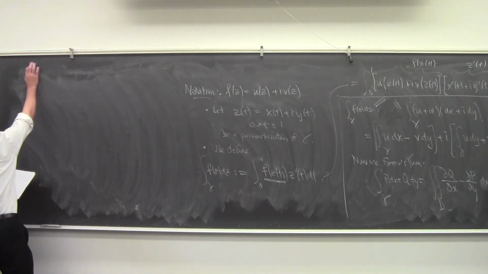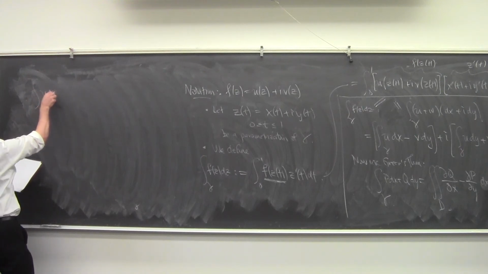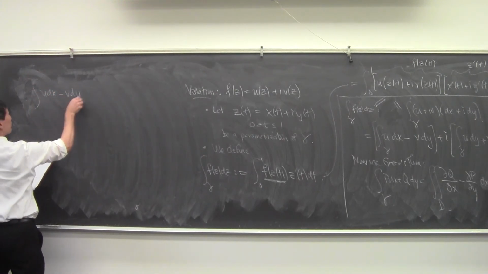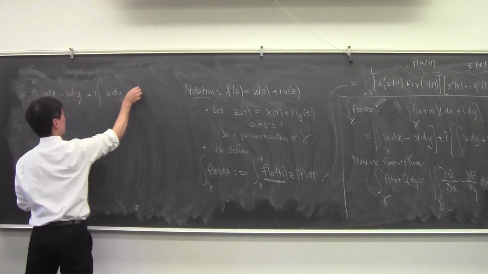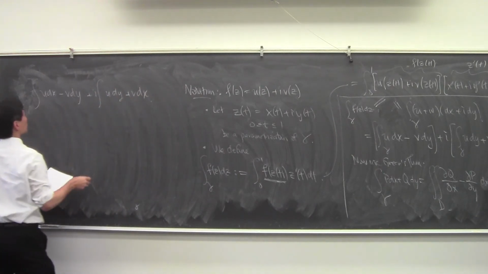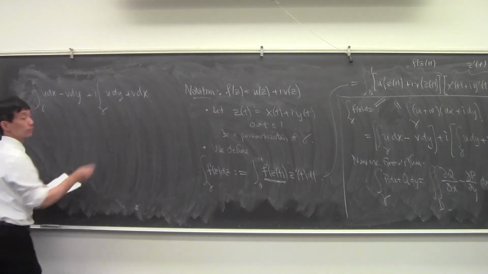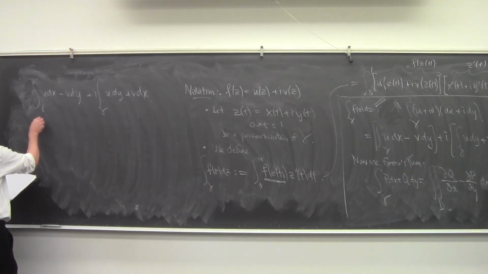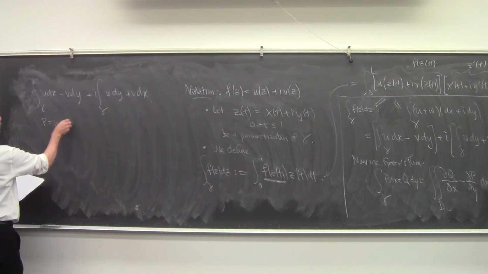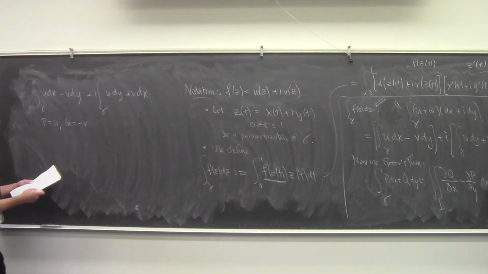So we've got this integral u dx minus v dy, and this integral u dy plus v dx. We just let P be u, let Q be negative v.